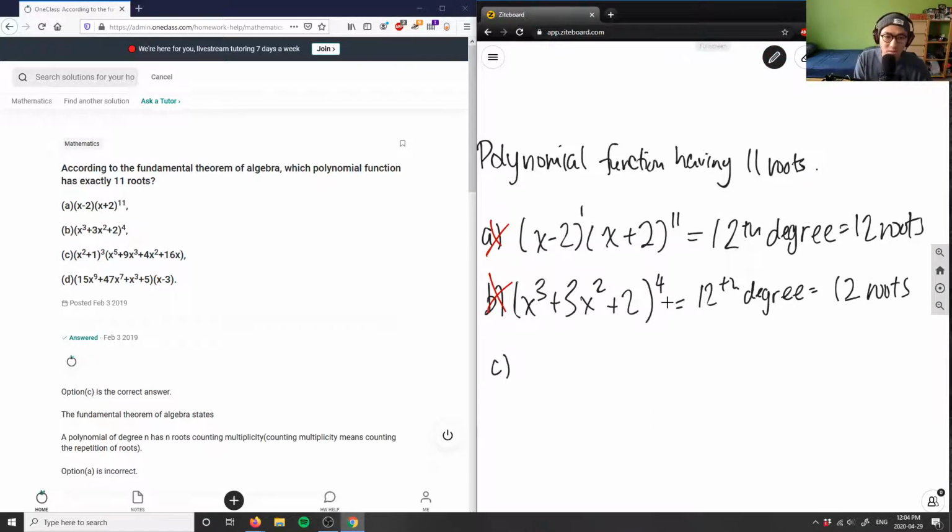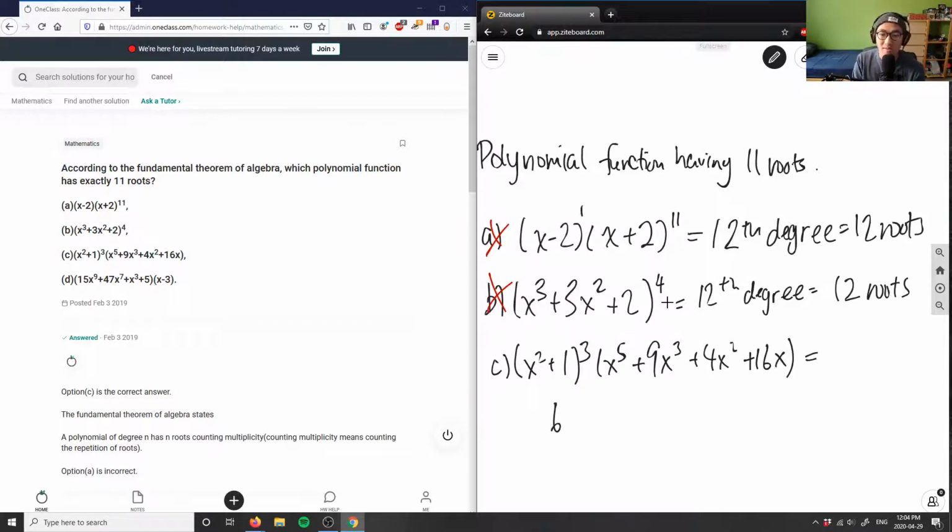Let's look at C. C gives us (x squared + 1) cubed times (x to the 5 plus 9x cubed plus 4x squared plus 16x). Looking at this function, we have x squared plus 1 cubed. I have an exponent with an exponent, so I'm multiplying exponents: 2 times 3 gives me an exponent of 6.